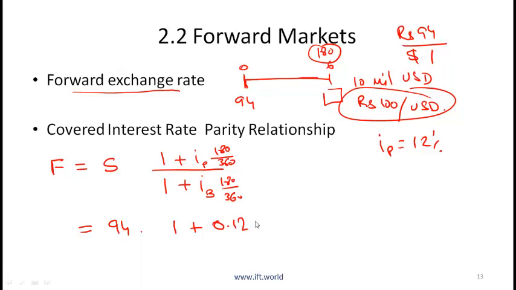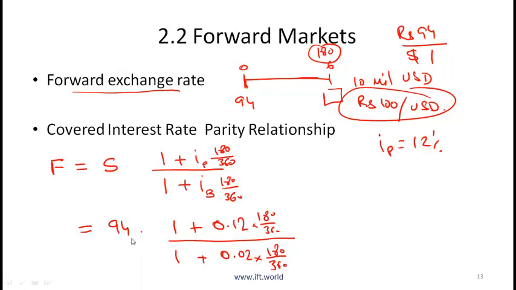This needs to be multiplied by 180 over 360 and divided by 1 plus the interest rate in the base currency. Let's say that's 2%. So 0.02, and this also needs to be adjusted based on a 180-day or a 6-month contract.